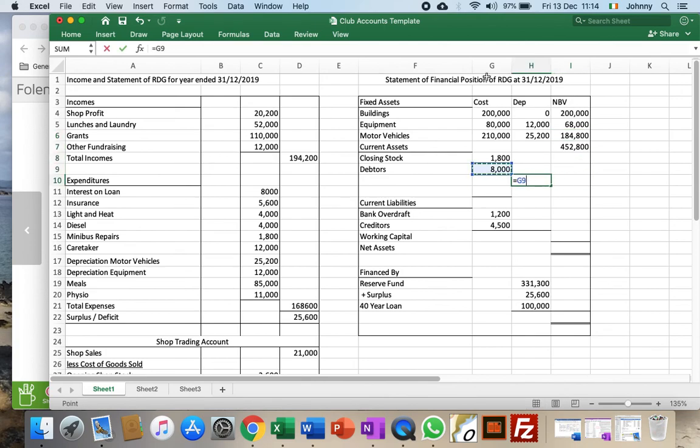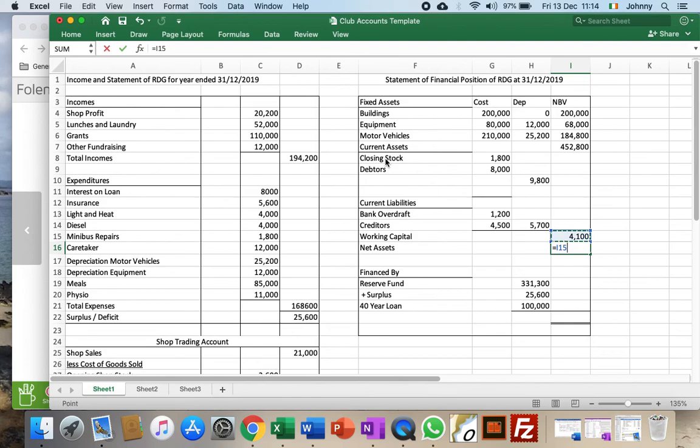And we move down to our current assets. So current assets, we add our closing stock and our debtors. Current liabilities, do something similar. We add our bank overdraft and our creditors. And our working capital, we know from having done these before with businesses, we subtract the current liabilities away from the current assets. So current assets minus the current liabilities is 4,100.